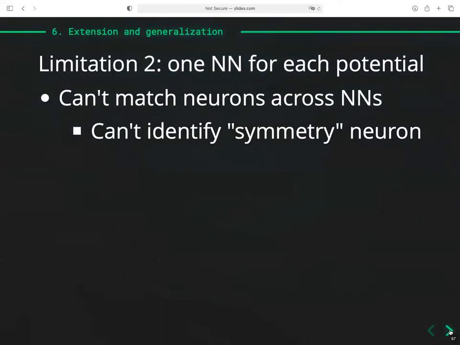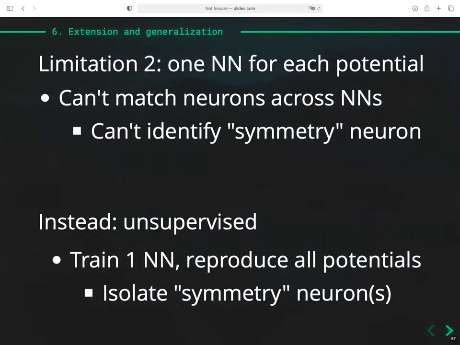So we can't follow it from neural net to neural net. One way to do it is to train a single neural net to produce all the potentials, and you can do that using, for instance, a variational autoencoder, an unsupervised problem. There you have the same neural net dealing with all the shapes you've given it, and you can ask it which of the neurons holds information about the symmetry.